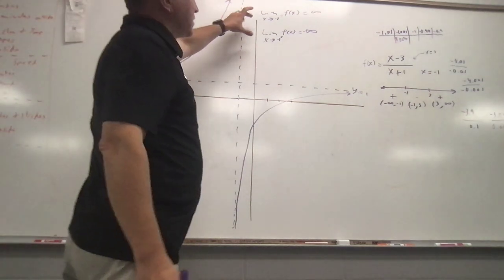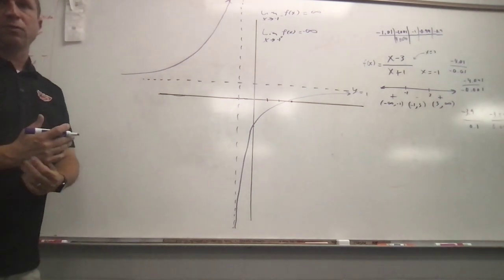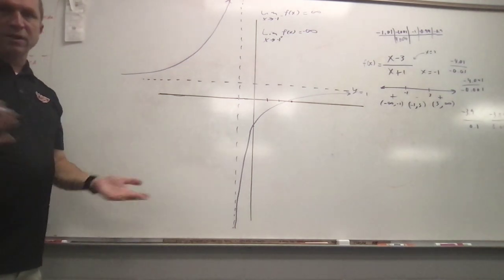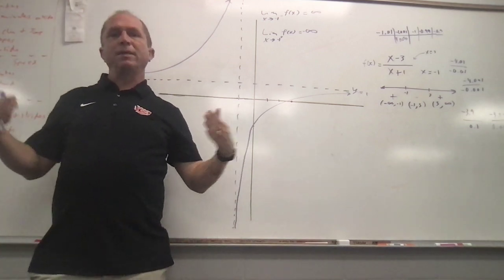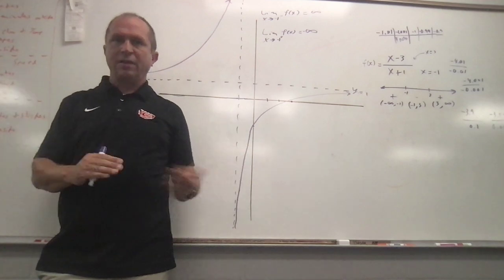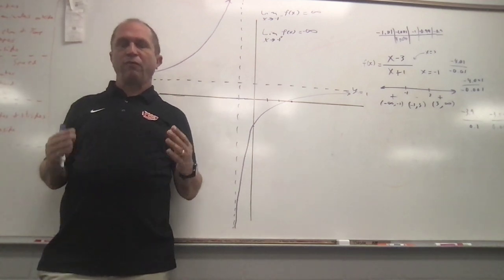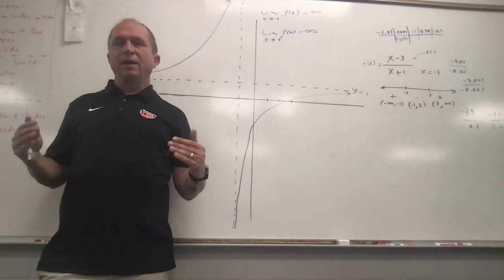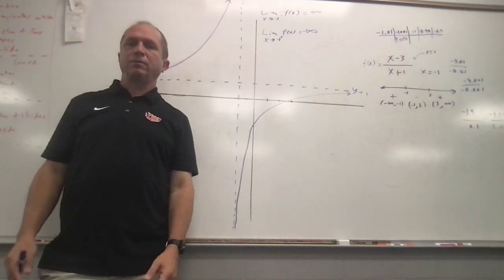Now, in this case right here, remember, we said for a limit to exist, the left-hand limit had to be equal to the right-hand limit. Well, infinities don't equal each other, but if we see that both limits are infinity, we say that the limit is infinity. Infinity does not exist, but infinity is something that is specific. If we can picture what's happening, if we say our limit's infinity, we know that it's growing without bound on both sides of it.